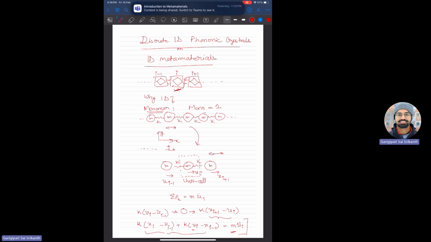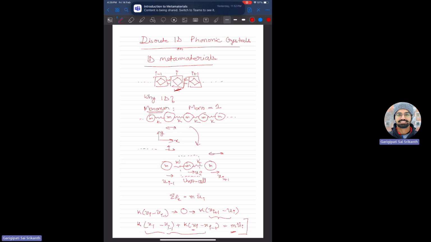That is going to be essential. 1D is the simplest system. A lot of the phenomena that we observe here will be generalizable to a lot of other systems, 2D, 3D.